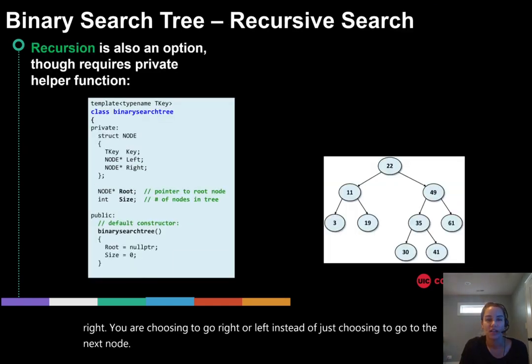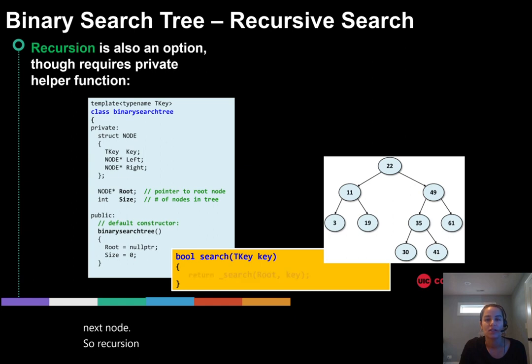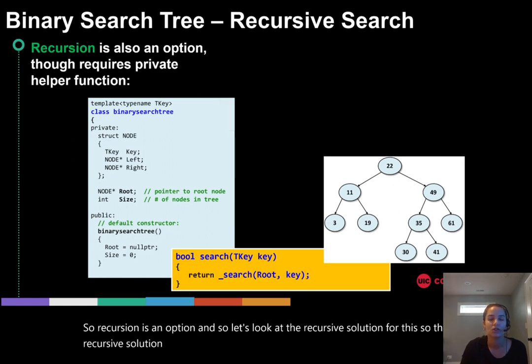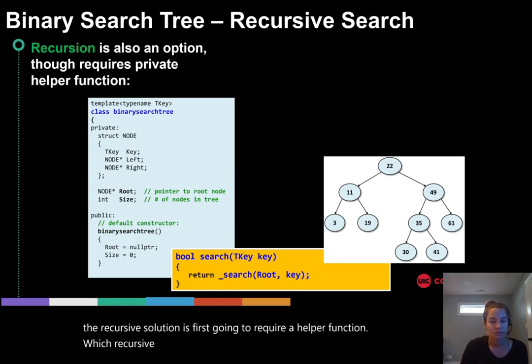So recursion is an option, and so let's look at the recursive solution for this. The recursive solution is first going to require a helper function, which recursive functions often need.